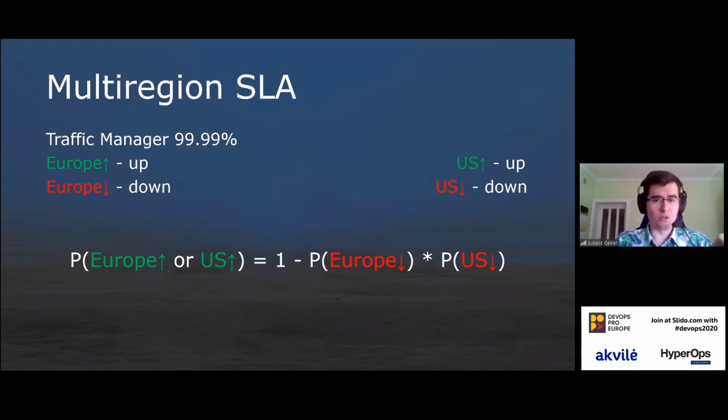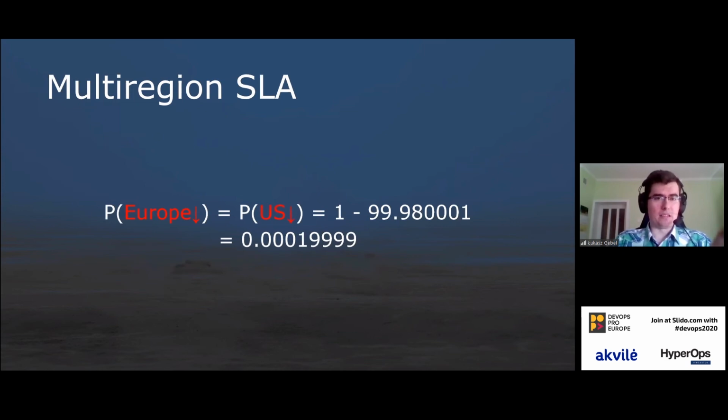And how to calculate this one? By multiplying these independent probabilities. And we know that the SLA of our system that I calculated before for one region is 3 nines and 8. So the probability of the system being down is 1 minus 3 nines and 8, which gives us this value.